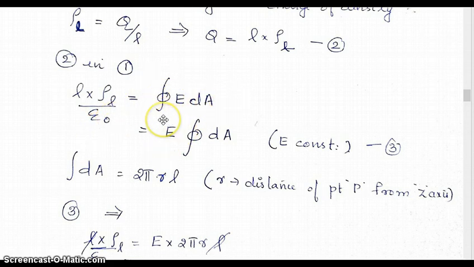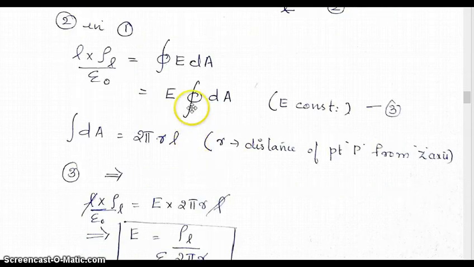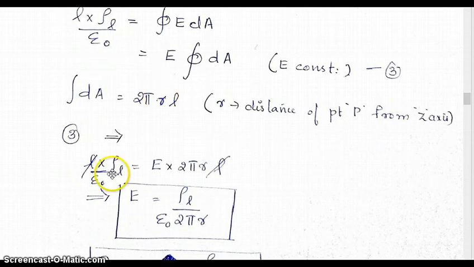E is a constant because the Gaussian surface is uniform, so E into integral dA, and since it is a cylinder, the area is equal to 2 pi rL, where r is the distance of the point P from Z axis, and you are substituting this expression here. So L into rho L by epsilon 0 is equal to E into 2 pi rL.